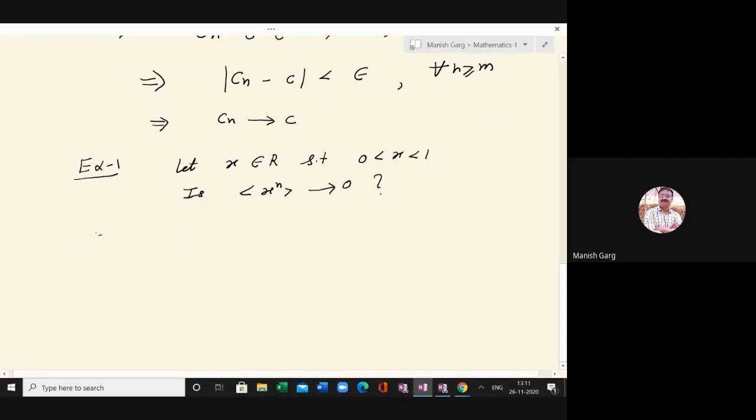So, solution. I will use a result of the binomial theorem, also known as Bernoulli's inequality. It is derived from the binomial theorem.